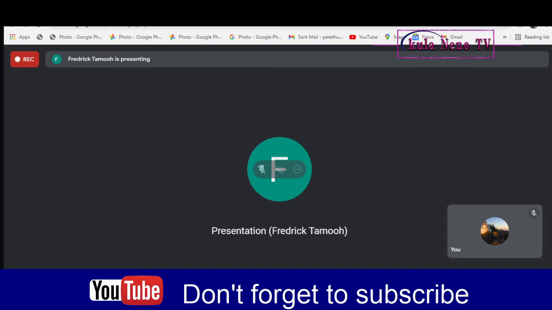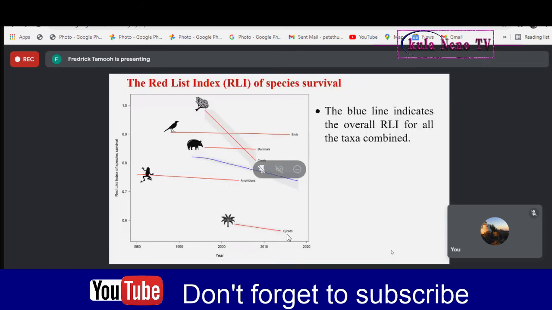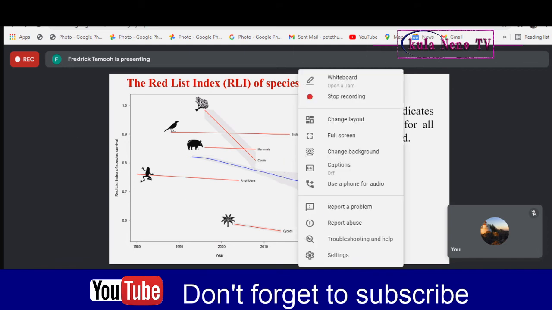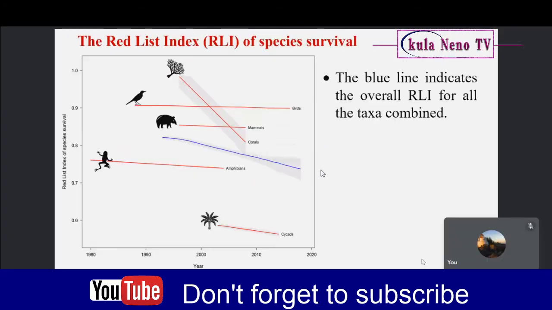The picture basically shows that we are on the decline when it comes to the loss of species. And that should be very worrying, right? But when you look individually among these groups, you will notice, for example, that the birds are showing a consistent trend, and the mammals too.